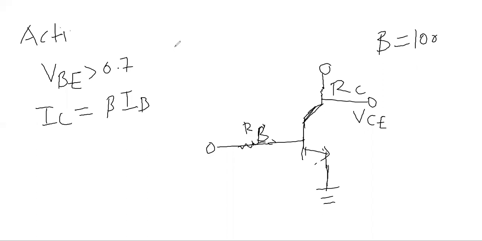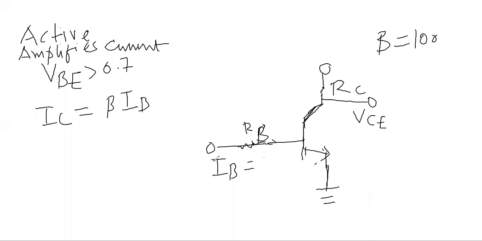In the active region, the transistor works as an amplifier. So in this region, it amplifies the current. For example, first our IB is 10 microampere.